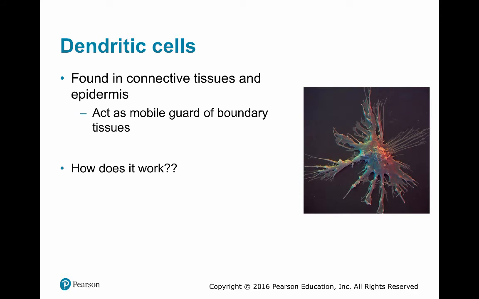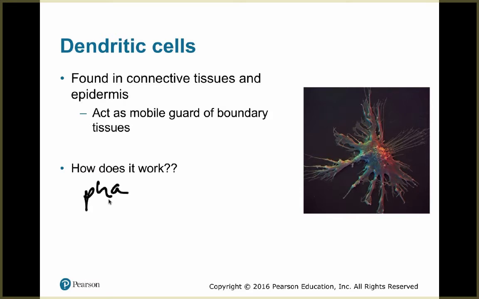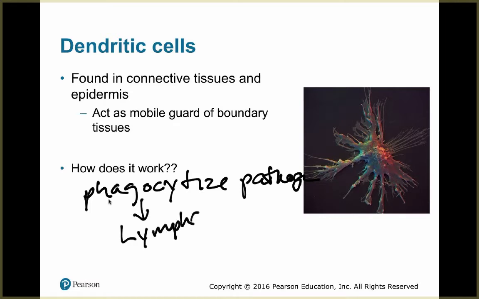So let's talk a little bit about dendritic cells. They're found in connective tissue and the epidermis. They act as mobile guards of boundary tissues. And how do they work? Well, they phagocytize the pathogens that enter tissue, and then enter the lymphatics to present antigens to the T cells, right?